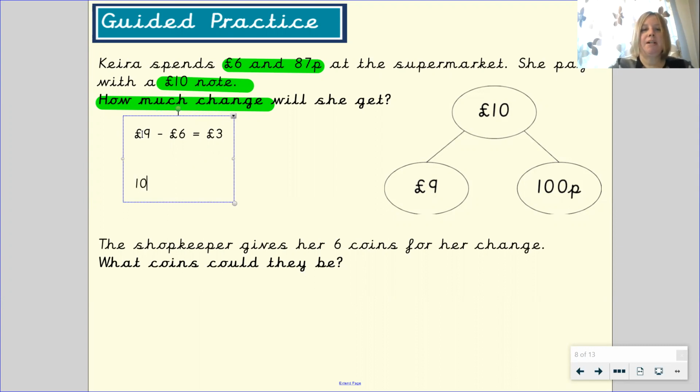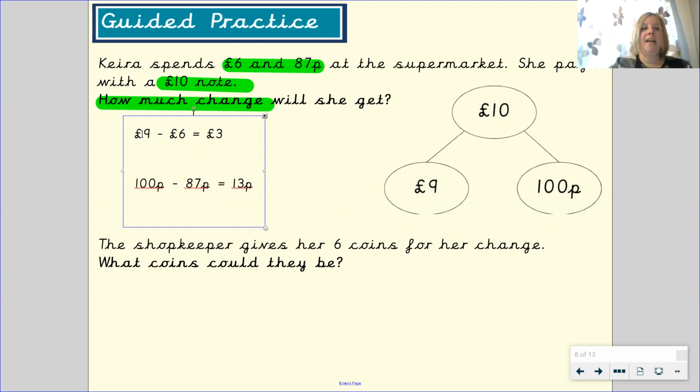So this time I need to write 100p, take away 87p equals, remembering the equals sign, and that would give me 13p.